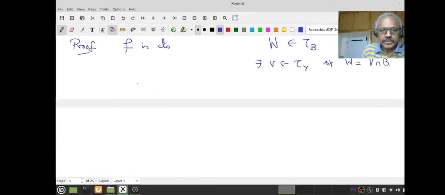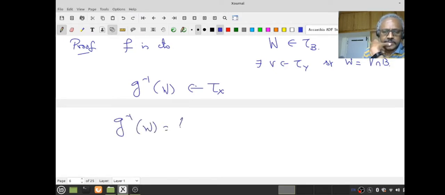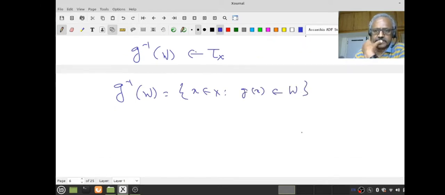So I have to prove g inverse of W is in tau X, is open in X. So let us look at what is g inverse of W. This is the set of all x in X so that g of x is in W. But notice that this is the same as saying the set of all x in X so that, W is V intersection B.